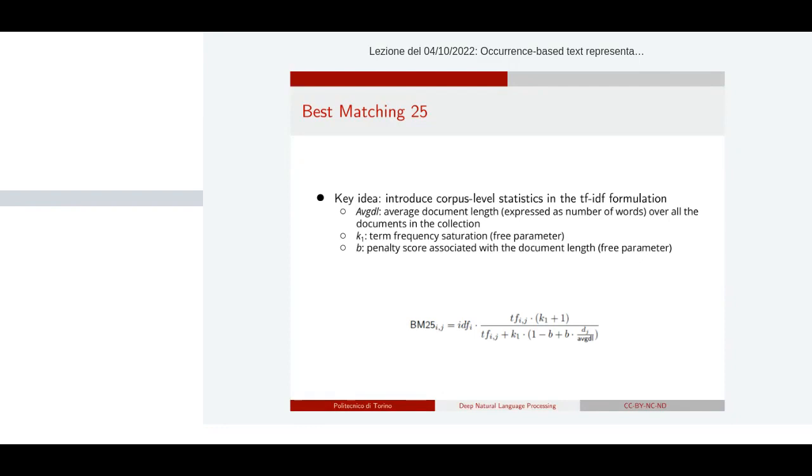The term is B times dj, which is the length of document j, normalized by the average document length. You have this penalty score B associated with the document length, which is a free parameter ranging between 0 and 1. You can set your parameter according to your needs, and this allows you to mitigate some negative effects due to the frequency value distribution in your data.